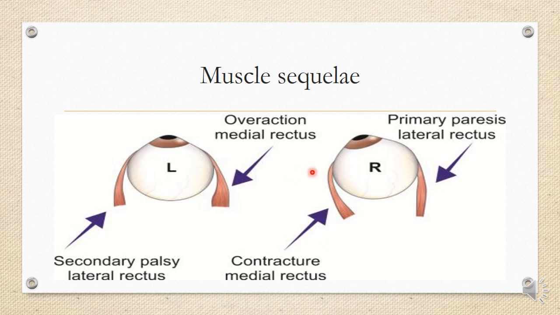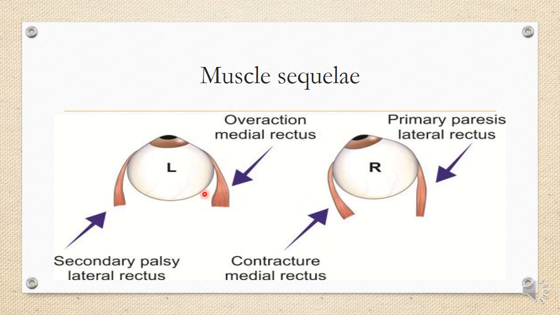Primarily the right lateral rectus was paralyzed, which led to underaction of the same eye's medial rectus and overaction of the other eye's medial rectus. And because of this medial rectus which is underacting, the other eye's lateral rectus will also start underacting, as they are called simultaneous muscles.